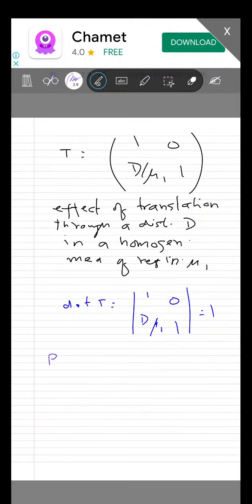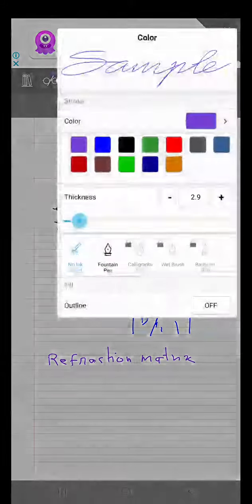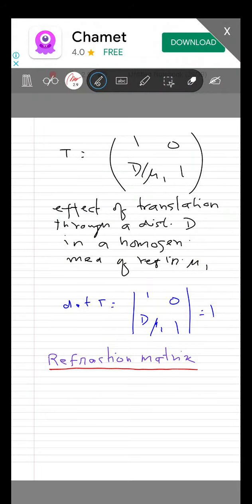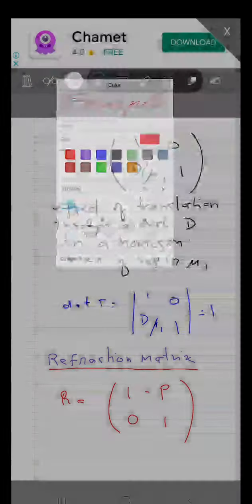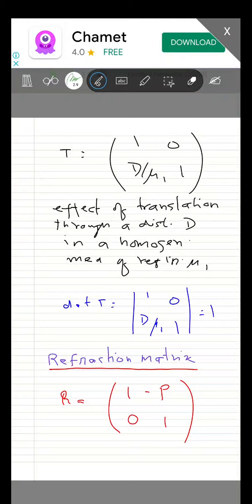The refraction matrix R is equal to 1, 0, minus P, 1, where P is nothing but the power of refraction, equal to mu 2 minus mu 1 by R.